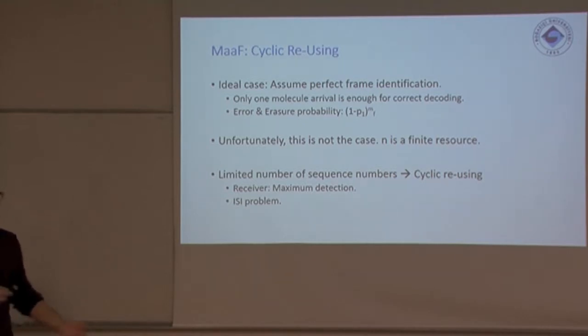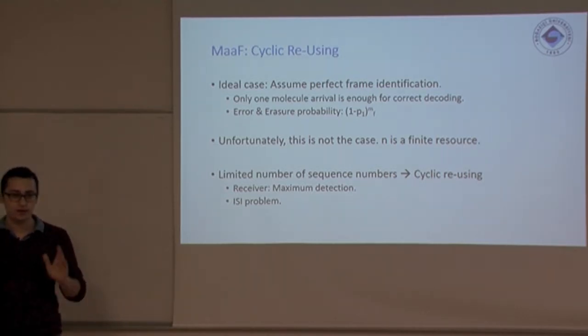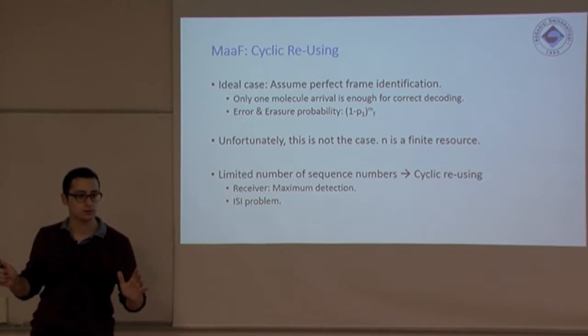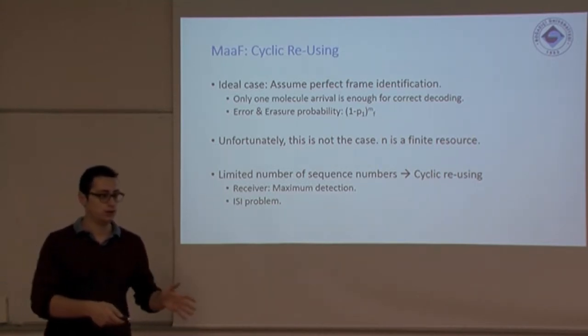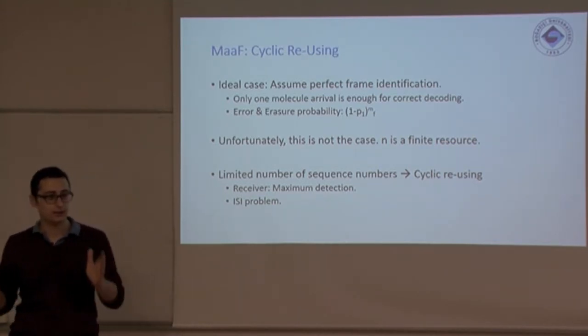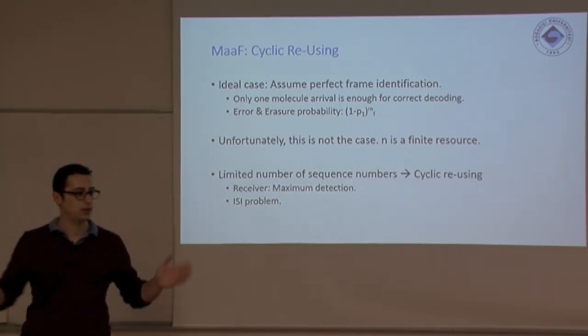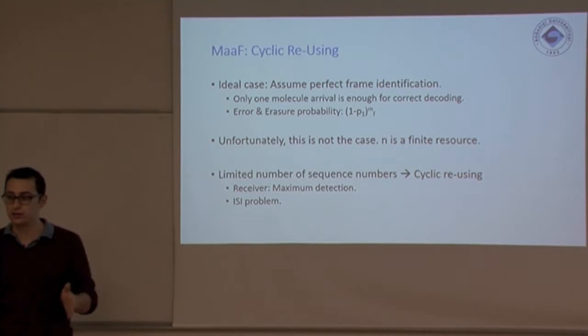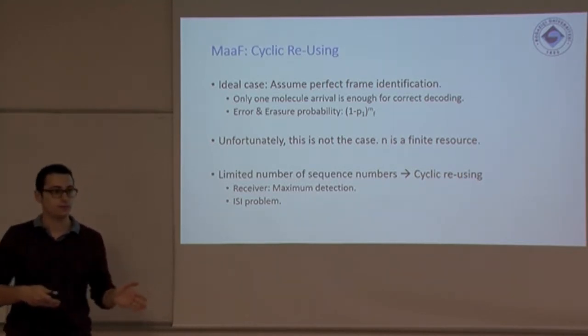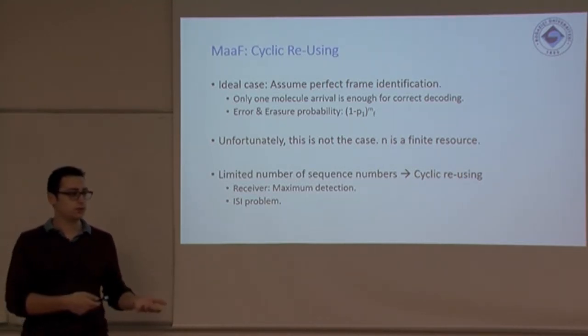So think of an ideal case where we have perfect frame identification. Whatever molecule we transmit, we know exactly the transmission instant of the molecule. So we have exact knowledge of when we send the signal.